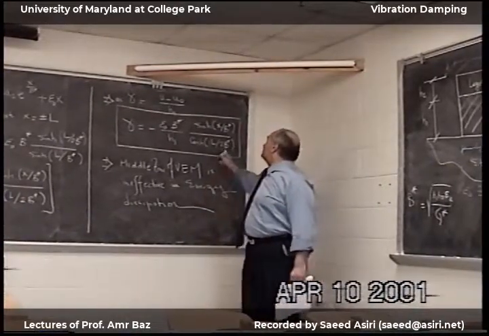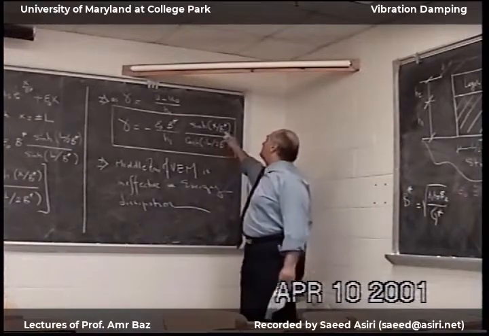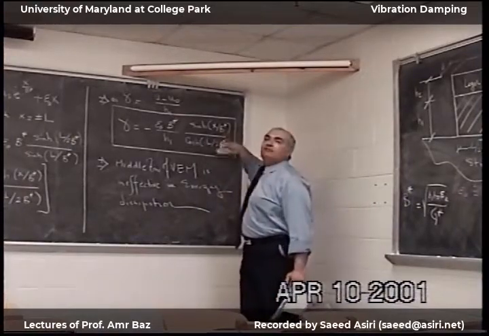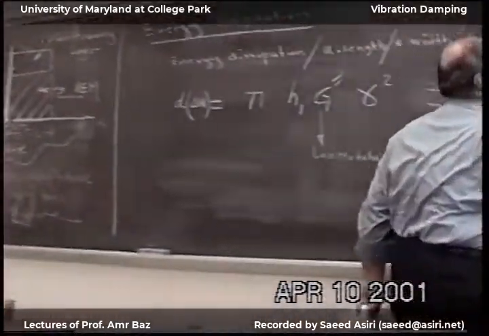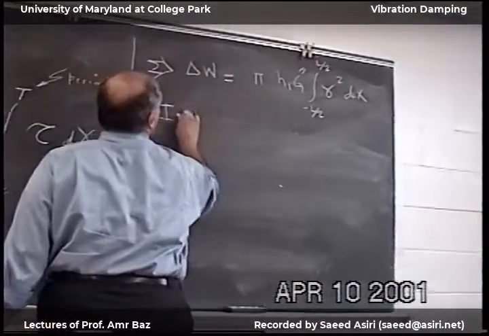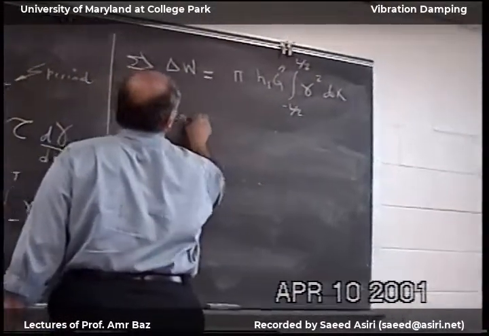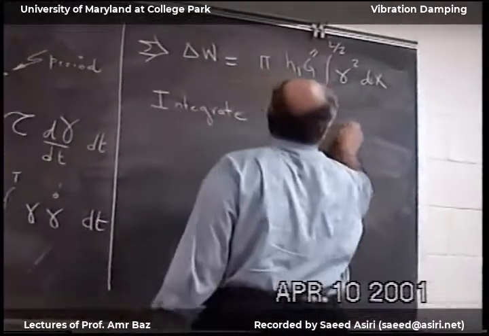But to do the calculation, these are complex numbers. So I'm just going to put a couple identities that we need so we can integrate this very easily. So now integrate the gamma squared with respect to x.